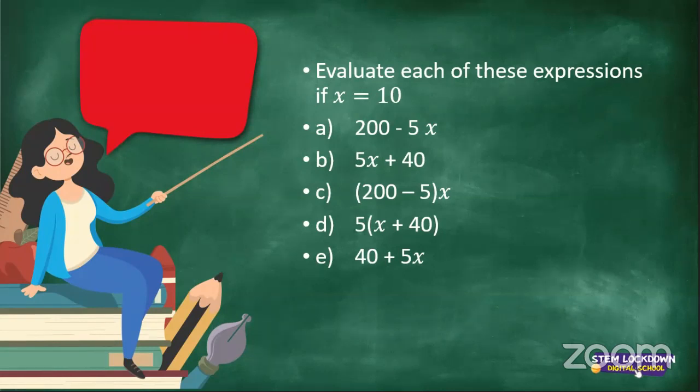Because you multiplied 195 by 10. How did you get the 195? I subtracted 5 from 200, sir, and I got 195, sir.